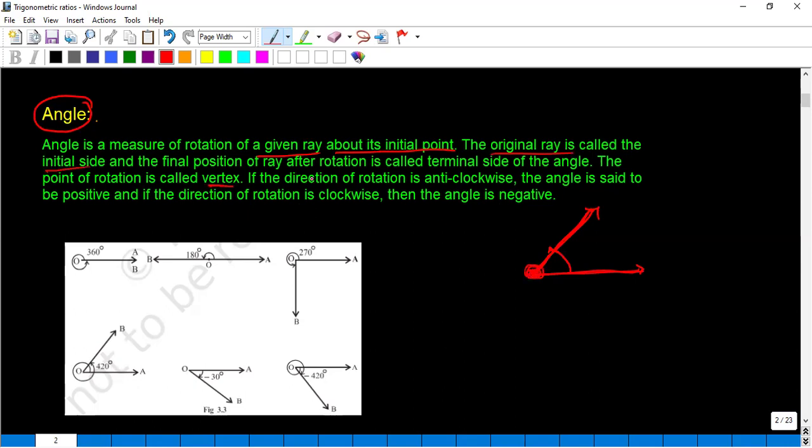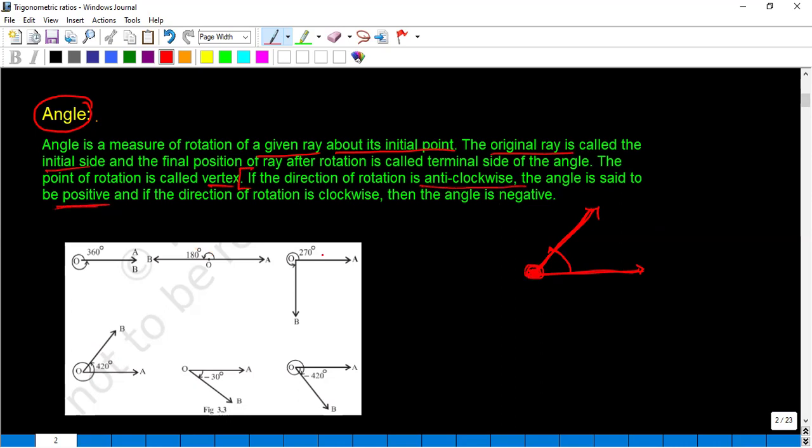If the direction of the rotation is anti-clockwise, this is a very important thing. You already know what an angle is, but which direction you are taking is very important. If you are taking it in the anti-clockwise direction, the angle will be positive.